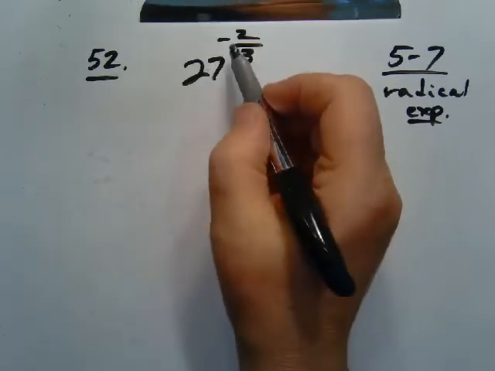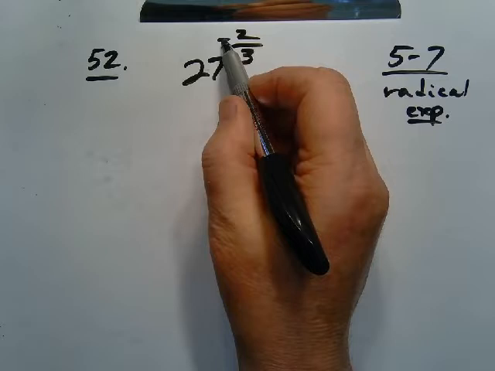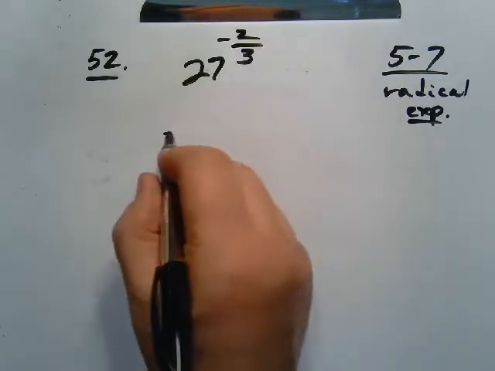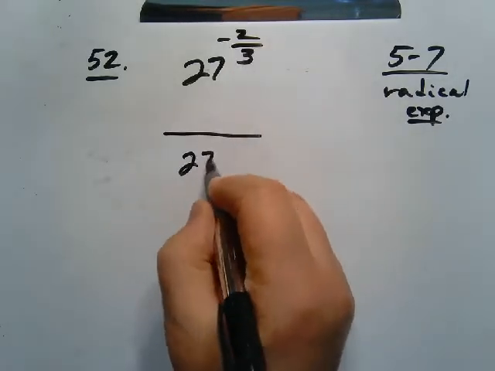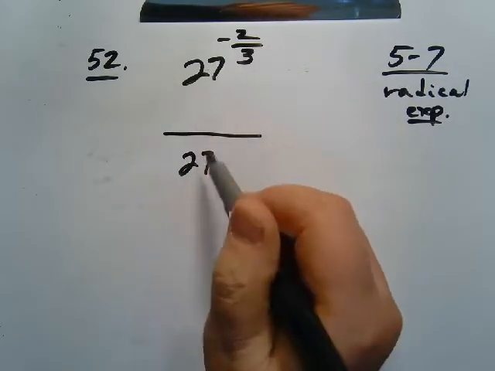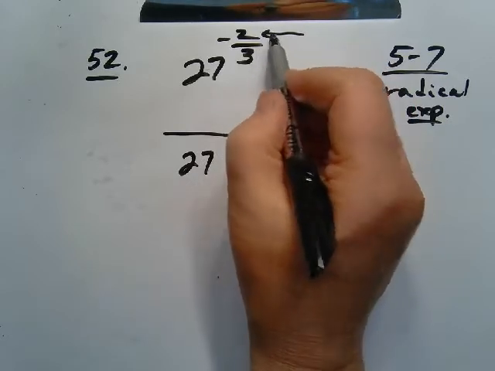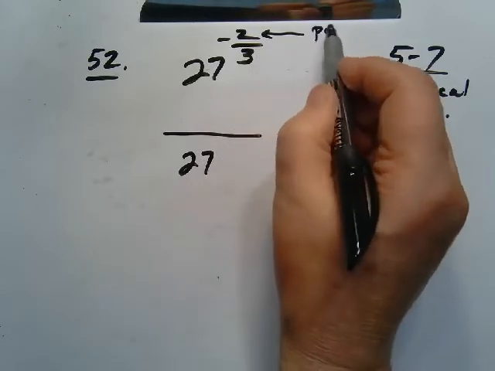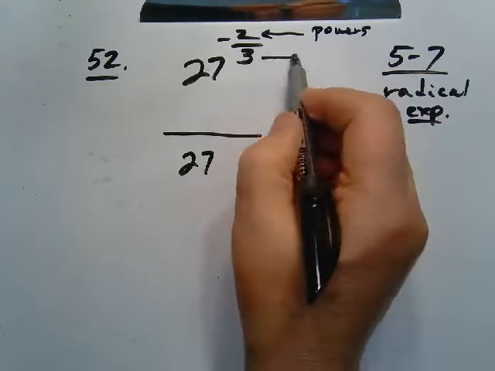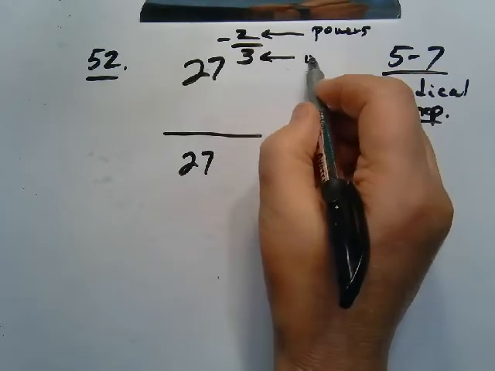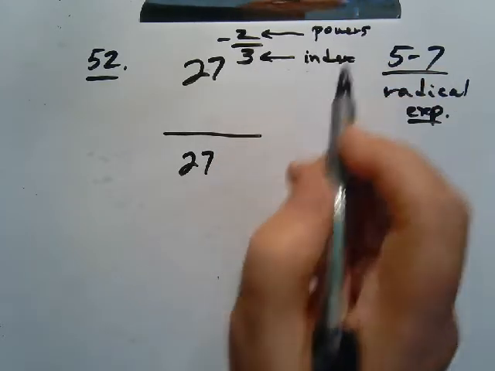First of all, a negative exponent forces us to put the base in the denominator. Also, these numerators are powers, and the denominators are indexes of radicals.